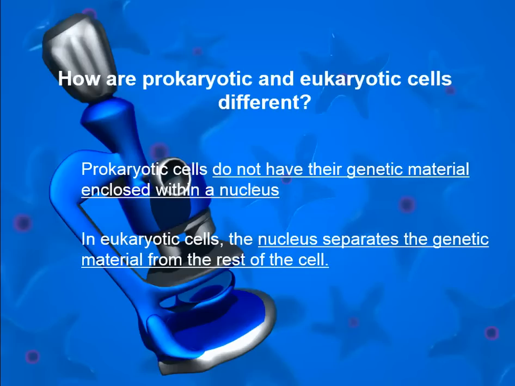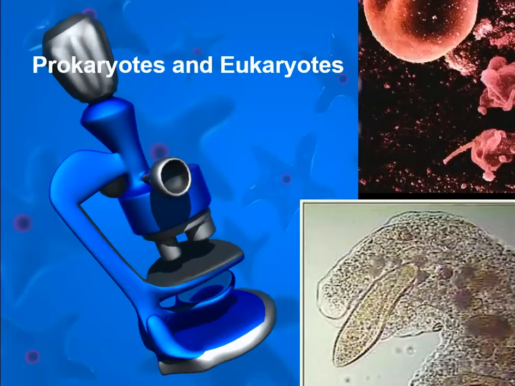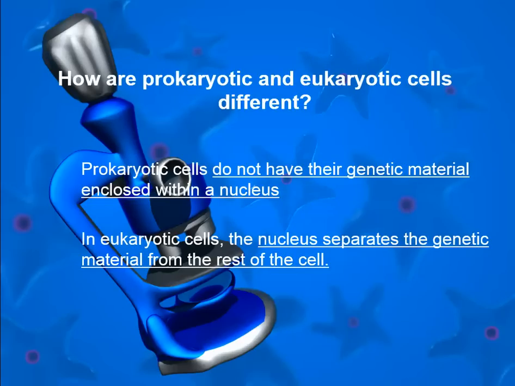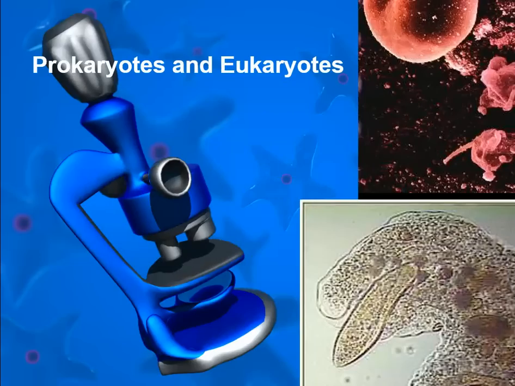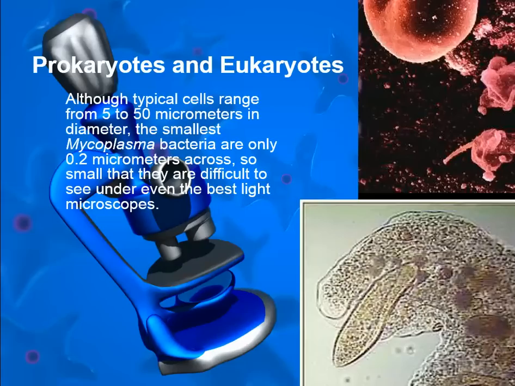Eukaryotic cells do. The prefix pro means first, so they think that prokaryotic cells may have been the first cells. And then the prefix eu means true. And then karyo means kernel.